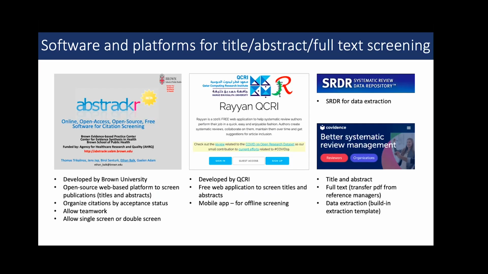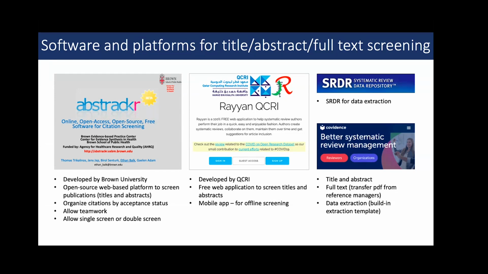Next slide, please. So people have been thinking about how to do systematic and scoping reviews through online software or platforms, and here are several that I am aware of. My experience is mostly with the first one, Abstrackr, which is developed by Brown University.